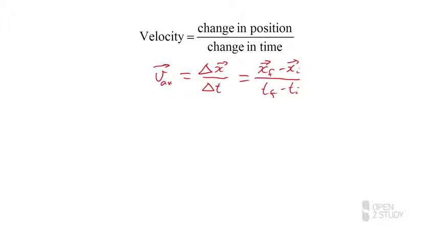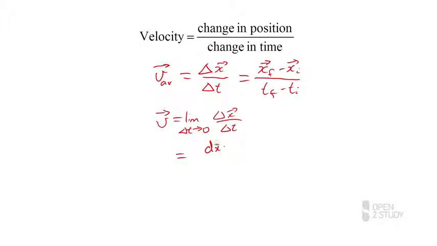If we want the instantaneous velocity at any point, then we simply need to take our velocity at some particular time. So we'll take our velocity here as being the limit as this time interval, delta t, becomes vanishingly small, as delta t goes to 0, of our change in position divided by our change in time. Now, if you know some calculus, some of you may know some calculus from your maths courses, then you'll know this is the definition of the derivative.